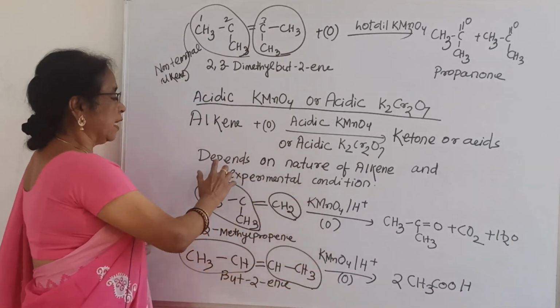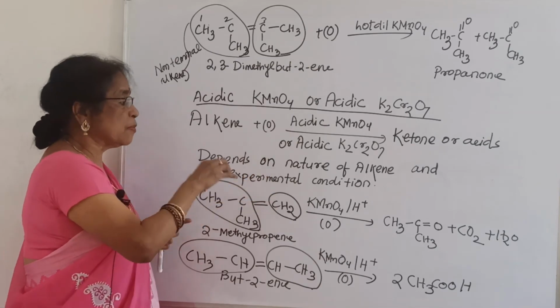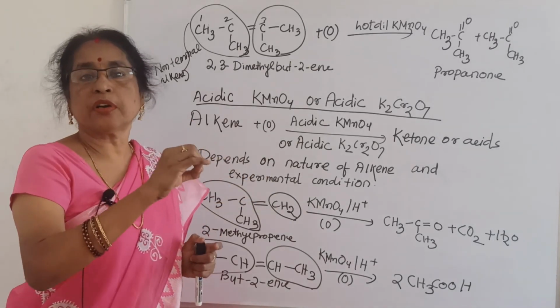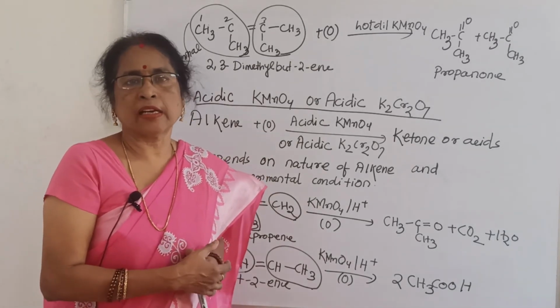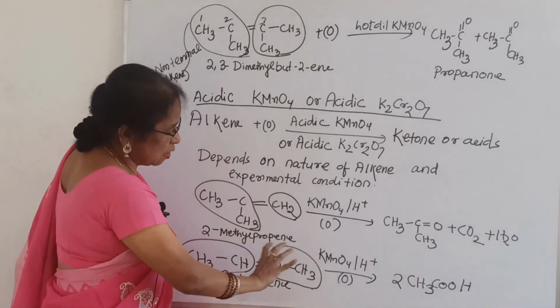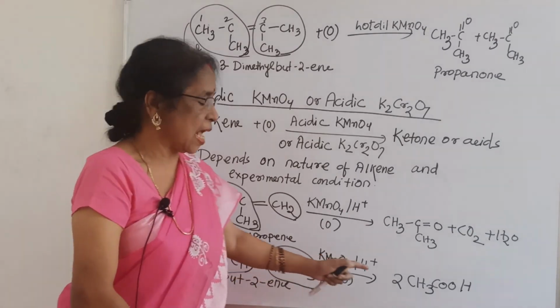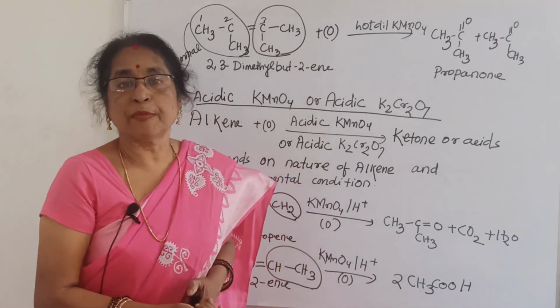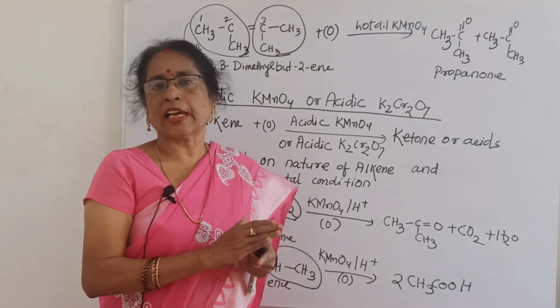That is why, as already told, it depends on the nature of the alkene and experimental condition. So here it gives one acid, acetic acid, which in IUPAC name is called ethanoic acid.